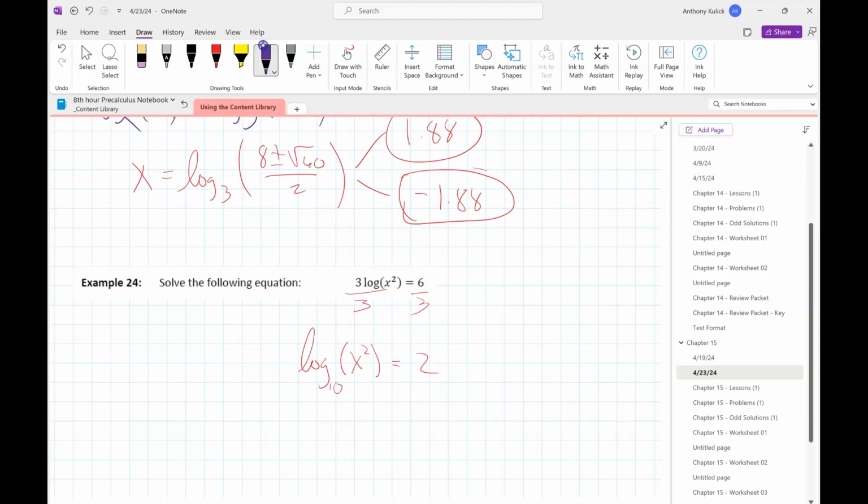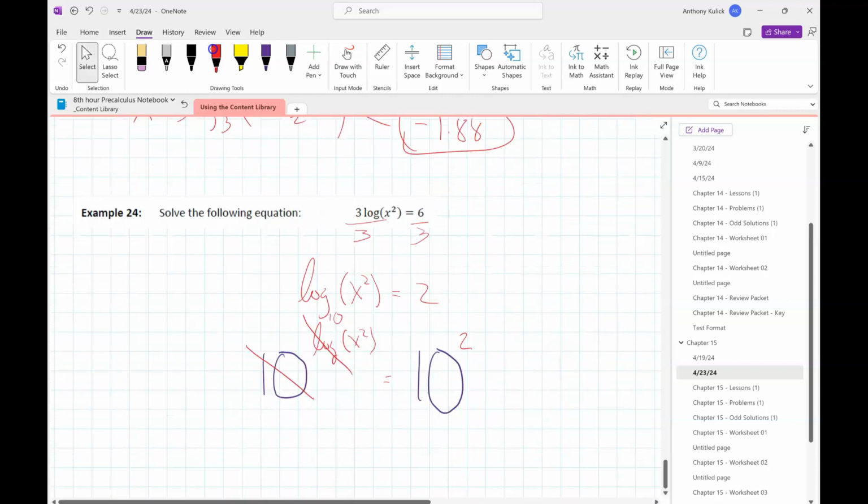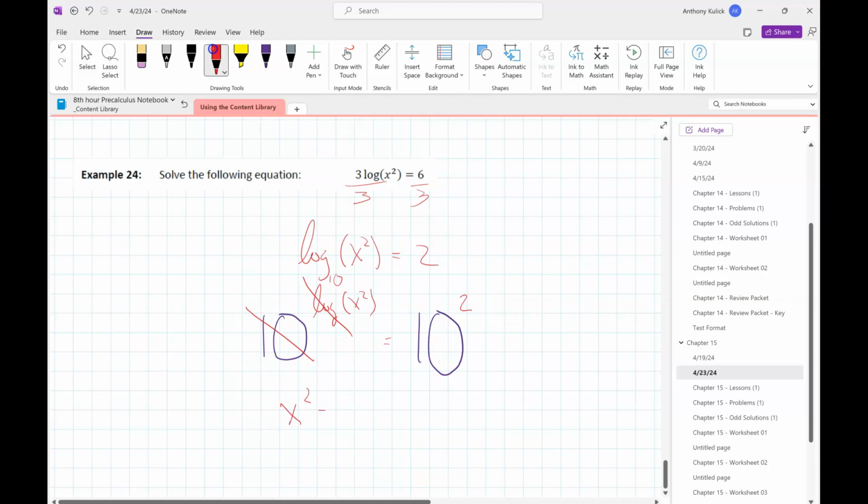What cancels out a logarithm? An exponent base, yeah. So we'll use exponent base 10 on both sides. So x squared is equal to 10 squared. So x is going to be plus or minus 10.